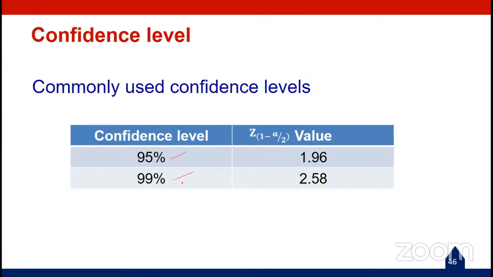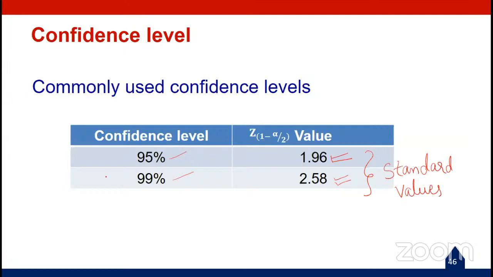If we are constructing a 95% confidence interval, the Z value is 1.96. If we are constructing a 99% confidence interval, the Z value is 2.58. These are the standard values obtained from the normal distribution. These are the standard values.